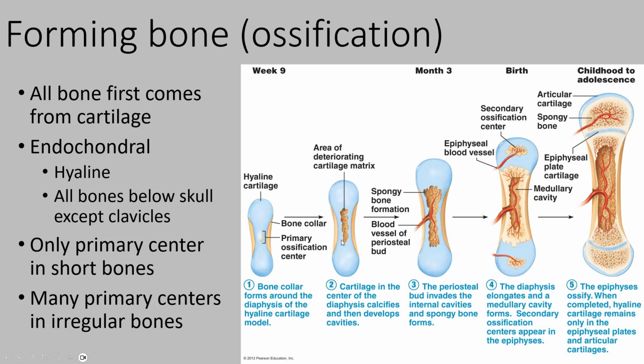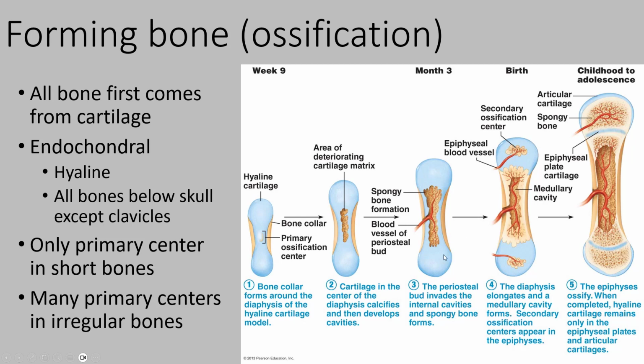As that happens, the bone begins to hollow out. That's when we start to get the actual diaphysis and medullary cavity of the bone. And around this time, blood vessels start to penetrate. And once blood vessels show up, now everything kicks into high gear because we have those nutrients. Everything can move a lot quicker. We start to get some spongy bone here lining the medullary cavity.